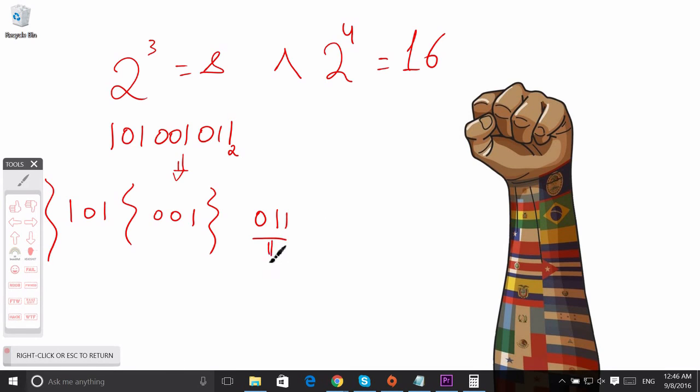Now this number in binary, we can convert it into decimal. If we do that, we get 6 for the first part, 4 for the second, and 5 for the last.